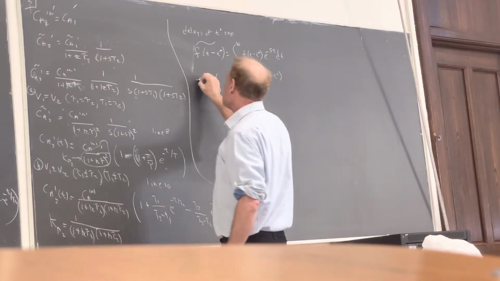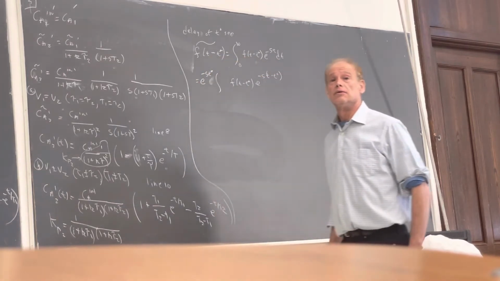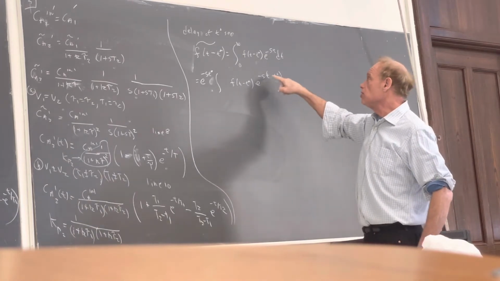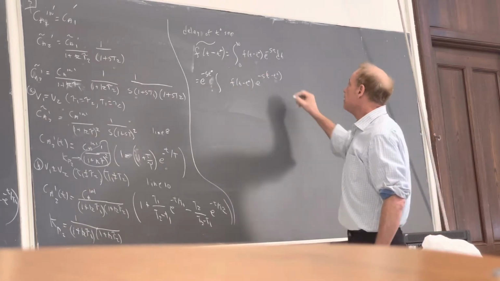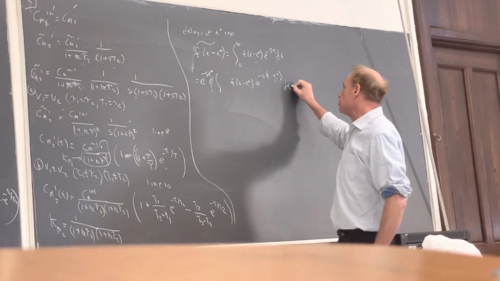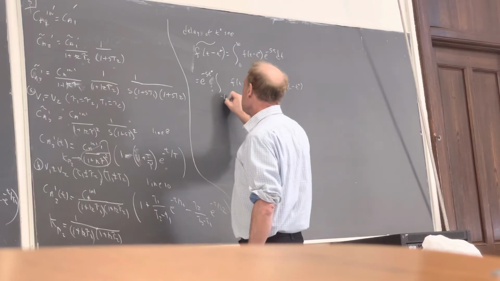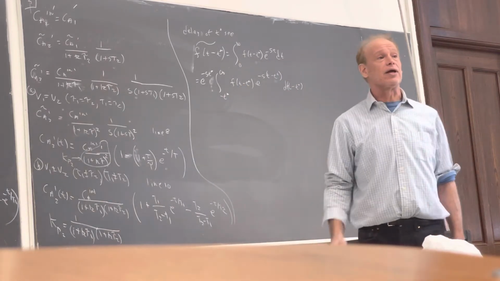So for this to be equal, I have to multiply by e to the minus s t star, because this times this will cancel out. Here I multiply by e to the st star, so I have to divide by e to the st star. Now it's dt. Now if I want to go from variable t to t minus t star, then I have to subtract t star here. Infinity minus t star is just still infinity.